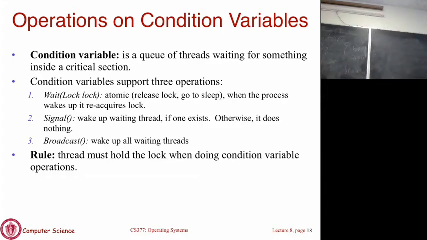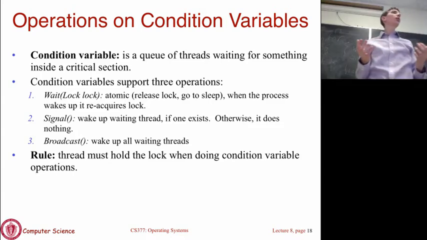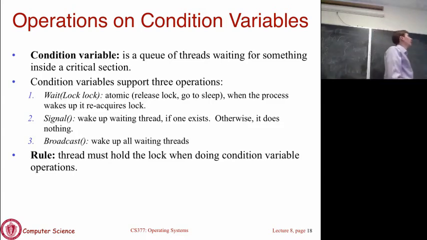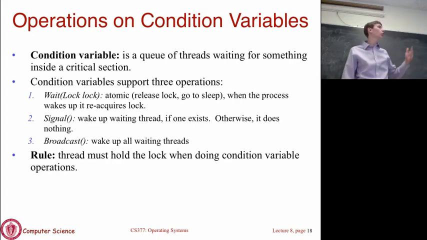But basically the idea is when you call wait, you're holding the lock because you're inside the monitor method, and you give up that lock and go to sleep while waiting for that condition to change. And then sometime later, when the condition has changed, when a thread has added something to the queue, for example, that thread is going to call signal, and you're going to wake up the thread that was calling wait. So that thread was previously blocked and waiting. Once something calls signal, you wake it up.